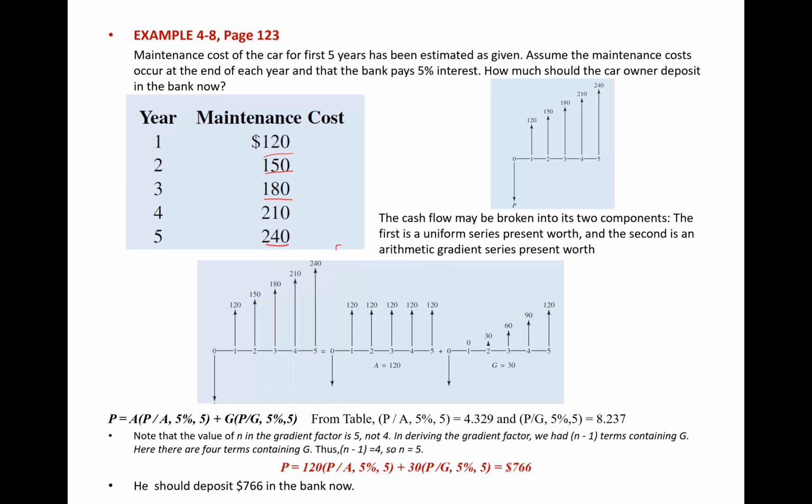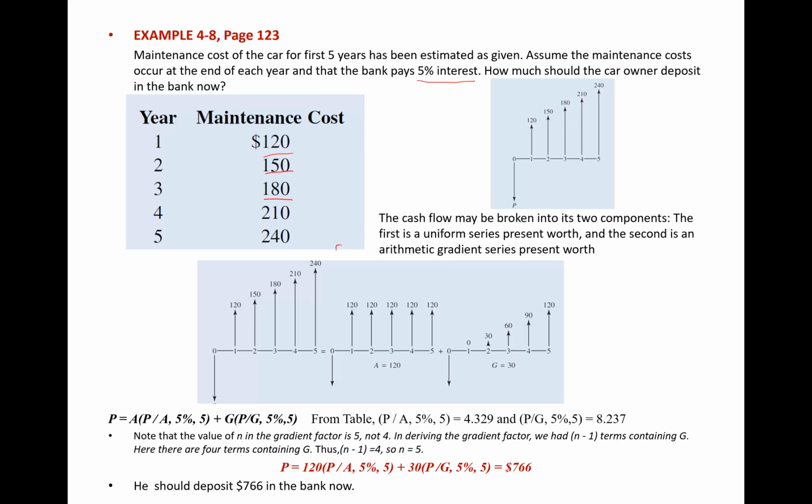and in the last year, the fifth year, 240. The cash flow, as you see here, may be broken into two components. We are looking for how much the car owner should deposit in the bank at 5% interest to cover the maintenance cost for 5 years. So the first year he should get 120 from the bank, the second year 150, third year 180, the fourth year 210, and the last year 240.